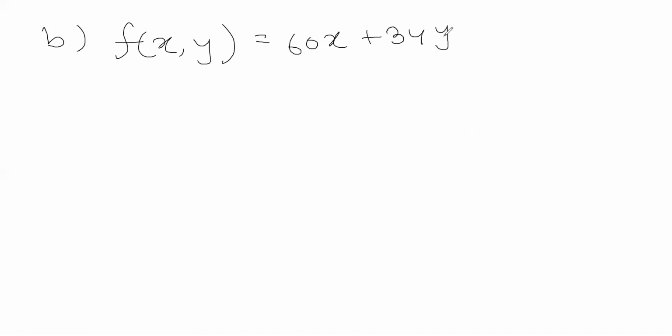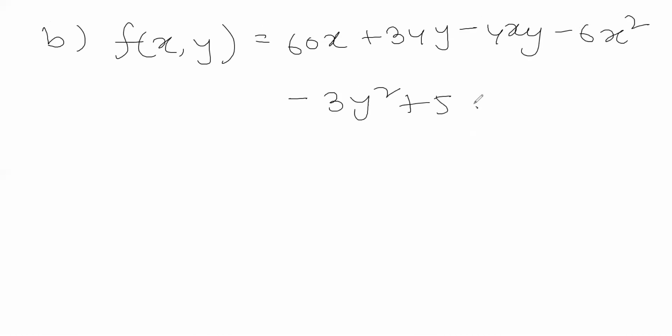So in question number B, the function of xy is equal to 60x plus 34y minus 4xy minus 6x square minus 3y square plus 5. So this is a long equation. Again, we would like to solve for the necessary condition first.